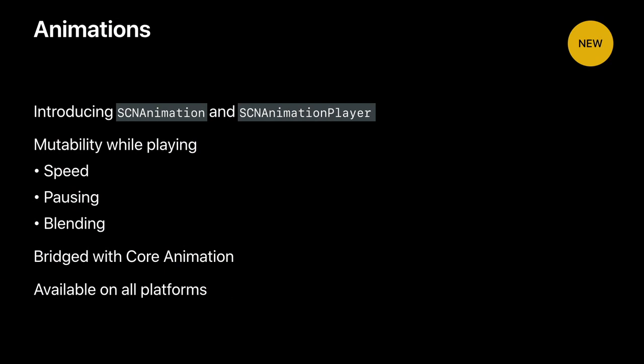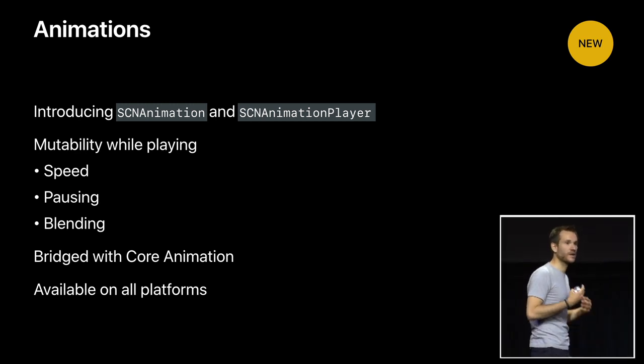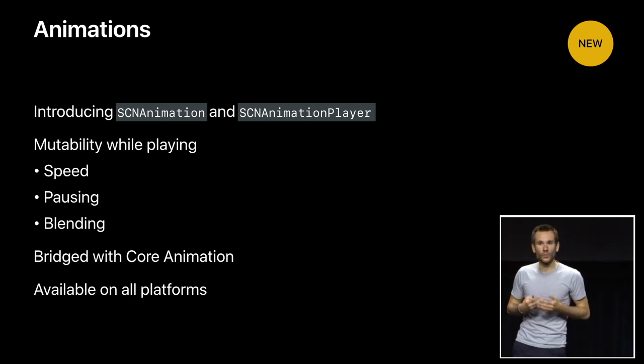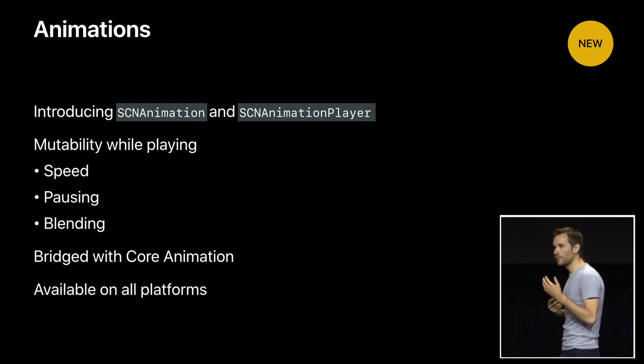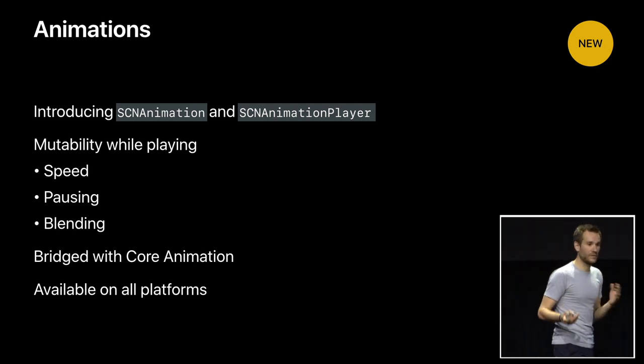This year, we are introducing the new SCNAnimation protocol, as well as the SCNAnimationPlayer class. They make it easier to start animations and to mutate them while they are running. So for instance, now you can easily change the speed of an animation, and you can blend animations on the fly.